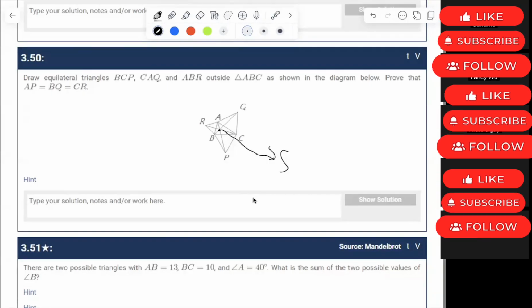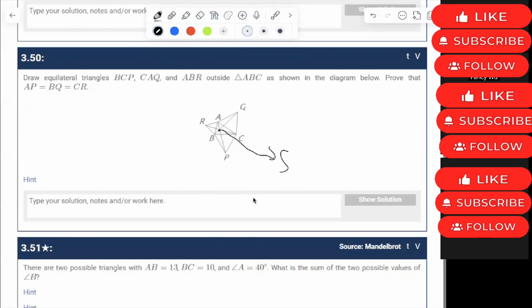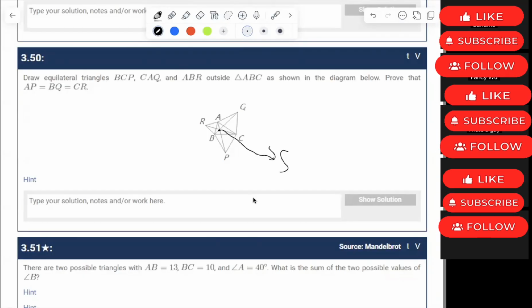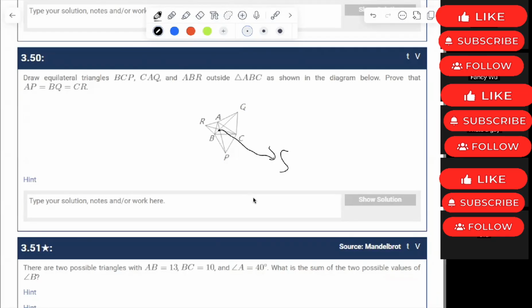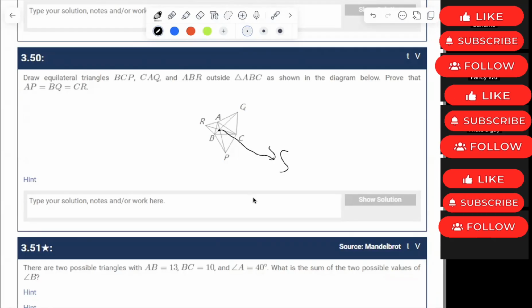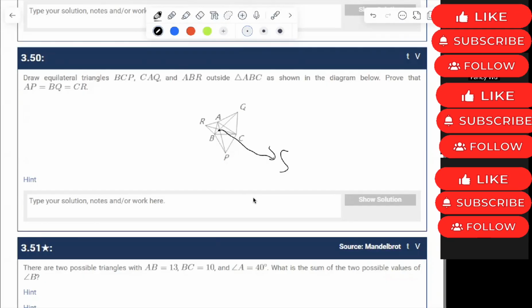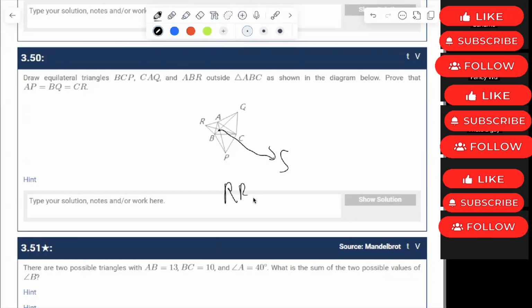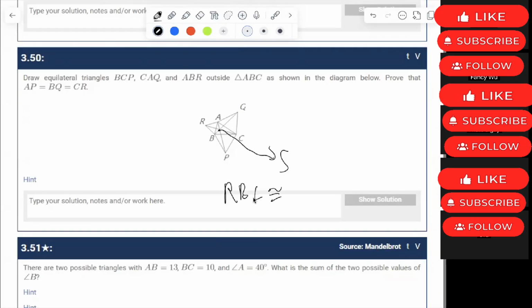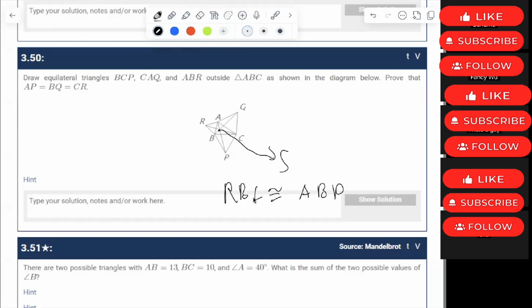And we also know that this is going to be PBC plus ABC, or PBA. It's just a rearrangement of angles. And we notice that BC is equal to PB. We have RBC congruent to ABP by SAS. So we get RC is equal to AP.